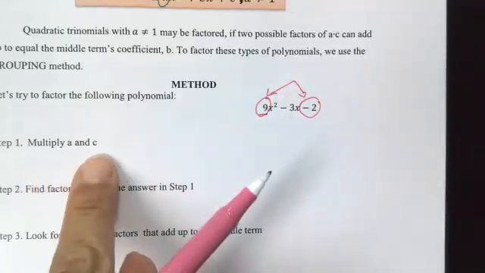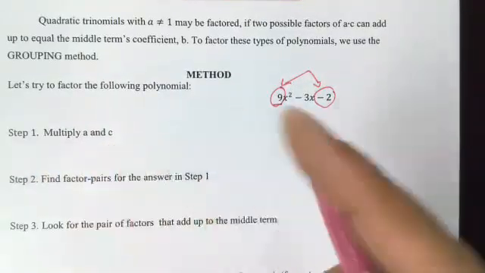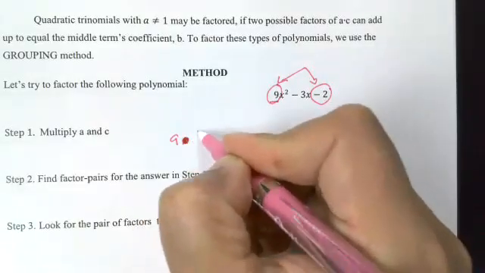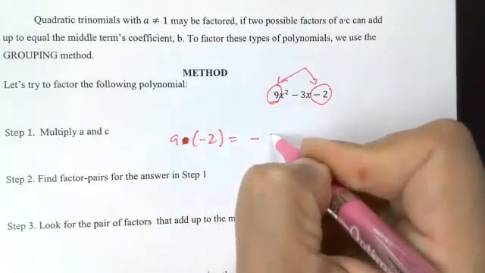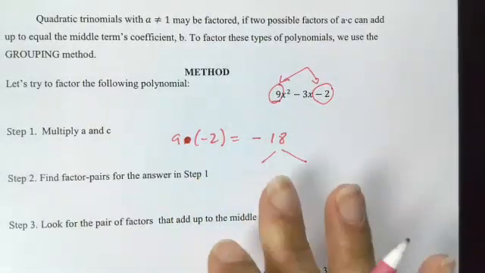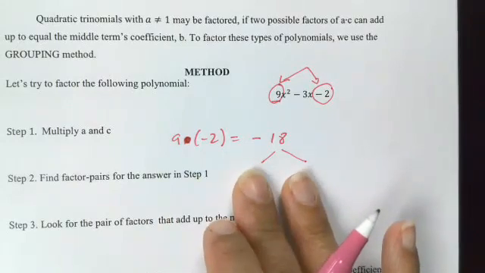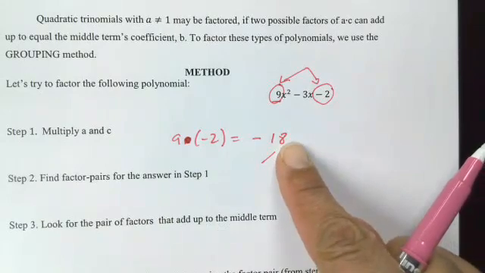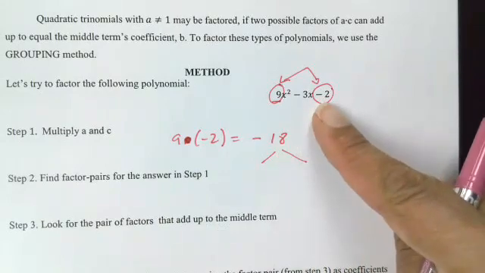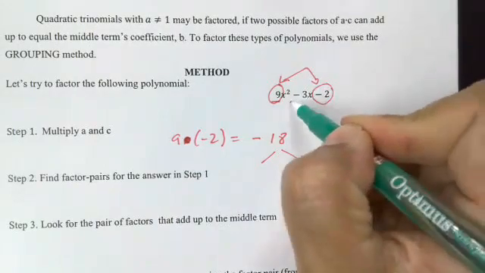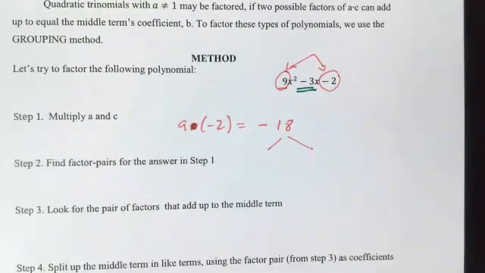So multiply a and c. 9 times negative 2 is negative 18. And now you check to see if you can find 2 factors that multiply to negative 18, and then add to give you the middle term, the negative 3x.